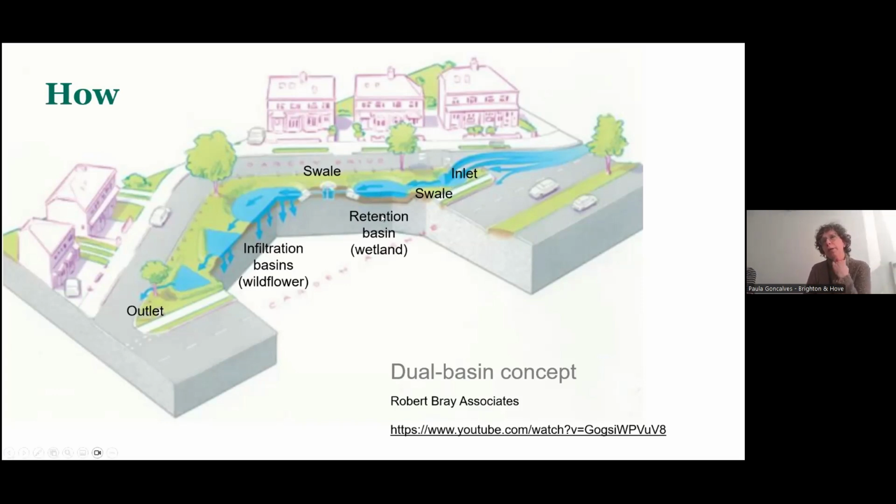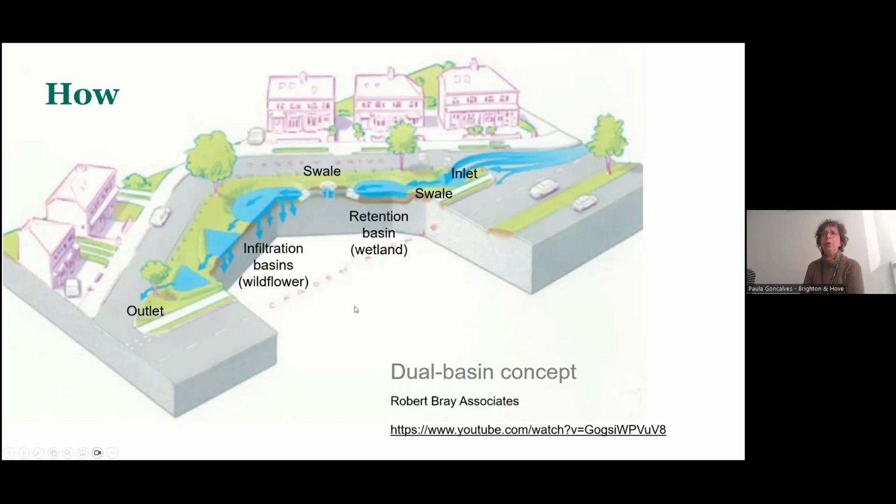In this first one, the water is cleaned up by the planting and everything, so it doesn't infiltrate into the ground. The cleaner water on top then gets diverted via swale to an infiltration basin, and this one is planted with wildflowers. We had a number of those coming down until, when the whole system is full, the excess gets diverted back into the road.